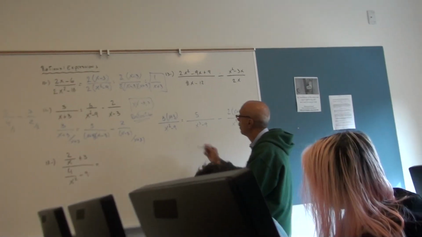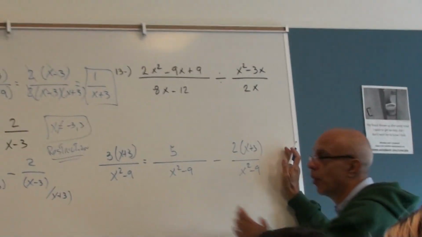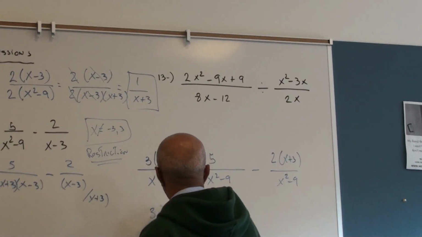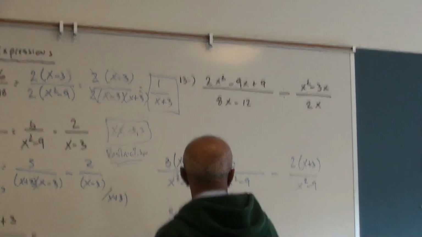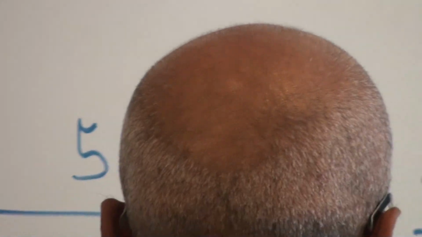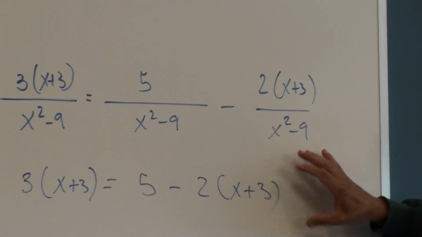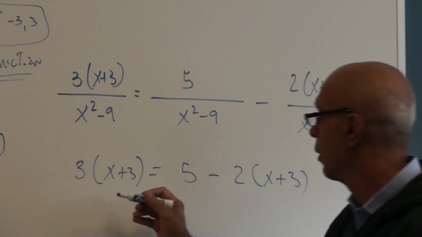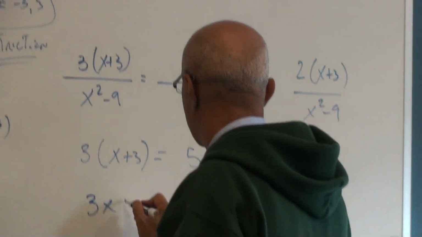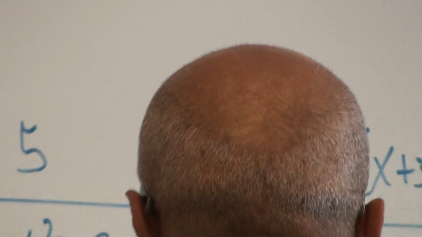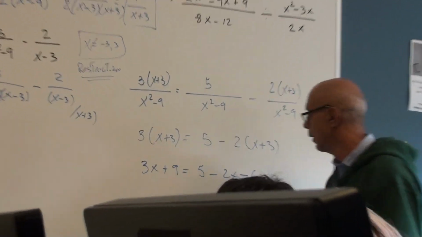Okay, so because I multiplied both sides by the denominator, now I'm going to have 3 times x plus 3 equals 5 minus 2 times x plus 3. Okay, so this is all gone now, so I just need to solve this. So I'm going to have here 3x plus 9 equals 5 minus 2x minus 6.